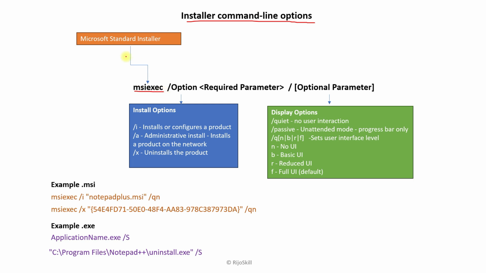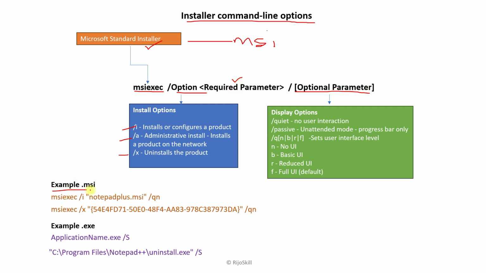msiexec means Microsoft Standard Installer, the MSI standard format. Option means there are different options. /i means install, /a means administrative install, /x means uninstall the product. Then there is an optional parameter, where you give the application name.